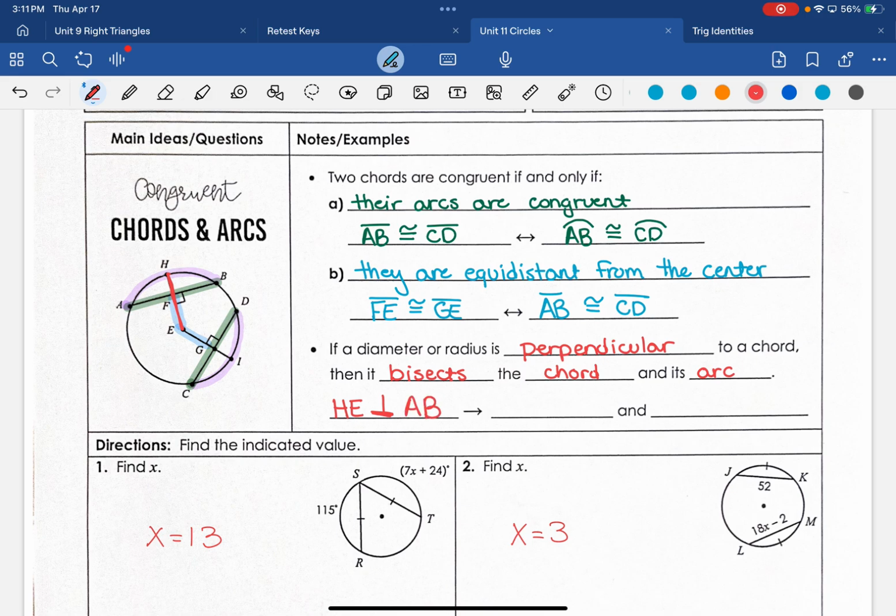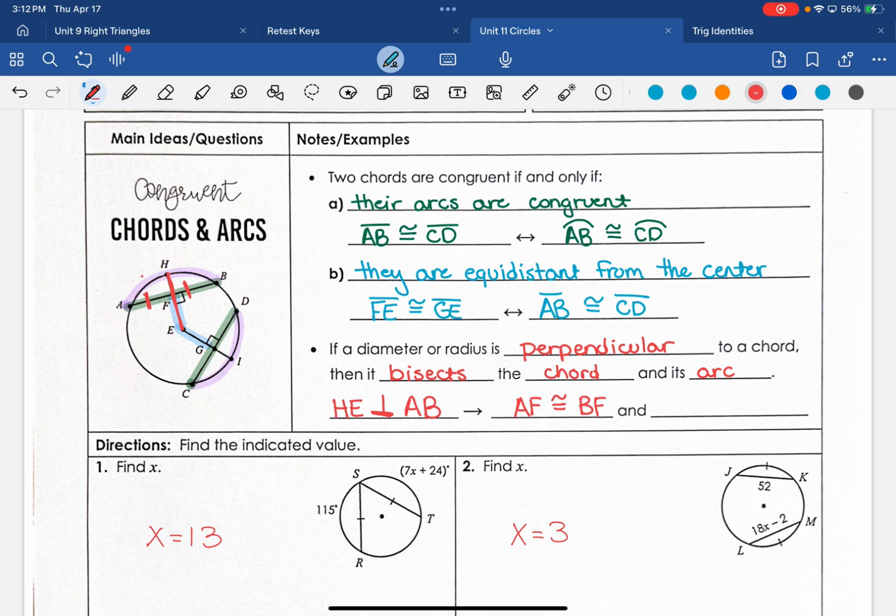So if those two lines are perpendicular, correct? Then we know that AF, this line right here, is equal to what? BF. Those two halves are going to be equal. So AF is congruent to BF.